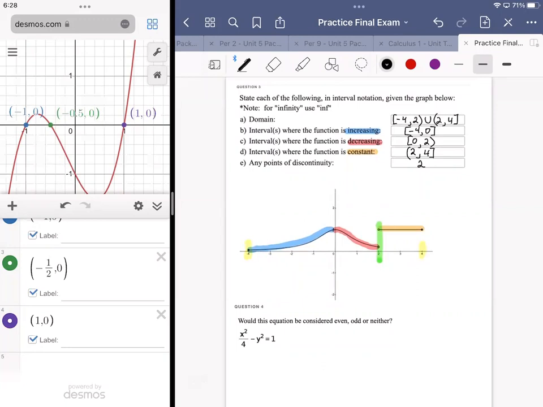A function being even, odd, or neither, well, or an equation, in this case, is an equation. Even is symmetric over the y-axis. Odd is symmetric through the origin.